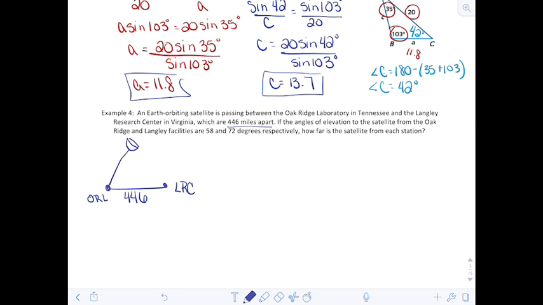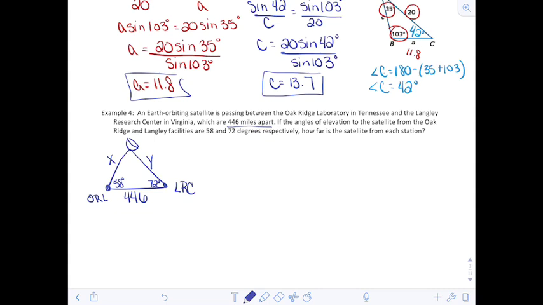It says the angles of elevation to the satellite from the Oak Ridge and Langley facilities are 58 and 72 degrees respectively. So in that order, it's 58 degrees from Oak Ridge and 72 degrees from Langley. They want to know how far the satellite is from each station, so I need to find, let's call this x and y.